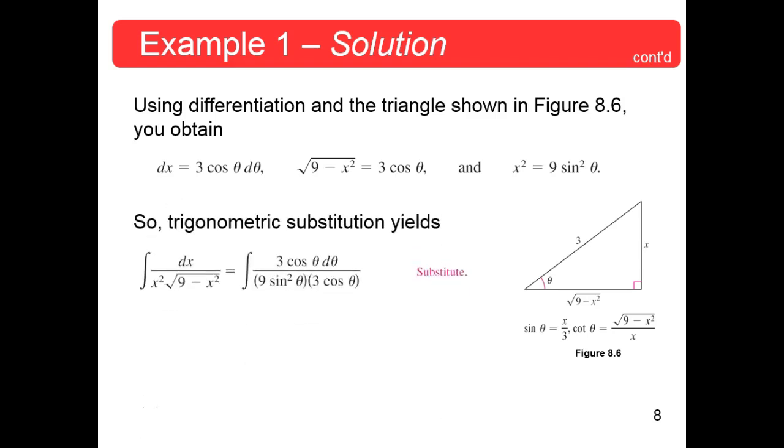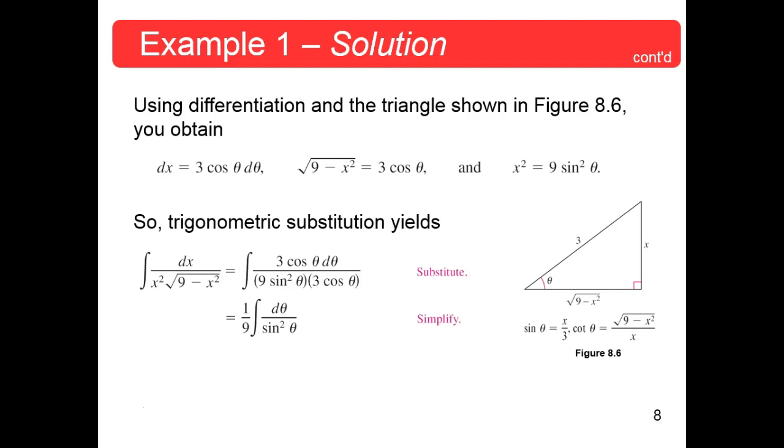All right, so now we rewrite this in terms of theta. The dx is 3 cosine theta d theta from here, okay? The x squared is 9 sine squared theta, and then the square root of 9 minus x squared is 3 cosine theta, just like we did, and then you see those go out. So that would be 1/9 the integral of d theta over sine squared theta.